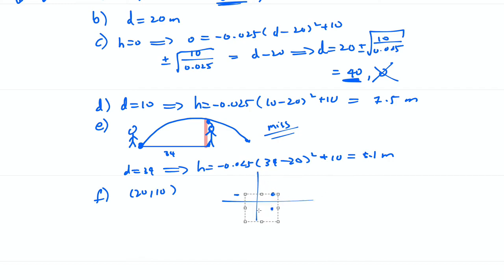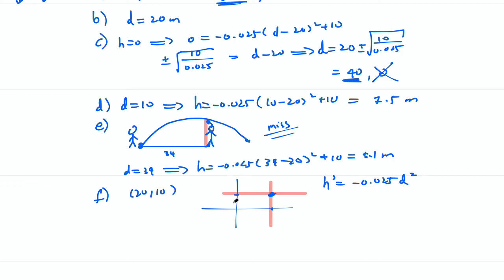If we have a new origin over here, the only thing that's changing is your d, or your position of the vertex. The actual a value will stay the same. So let me write h prime for our new variable. The only difference is we're going to have just d squared, and actually this is it.